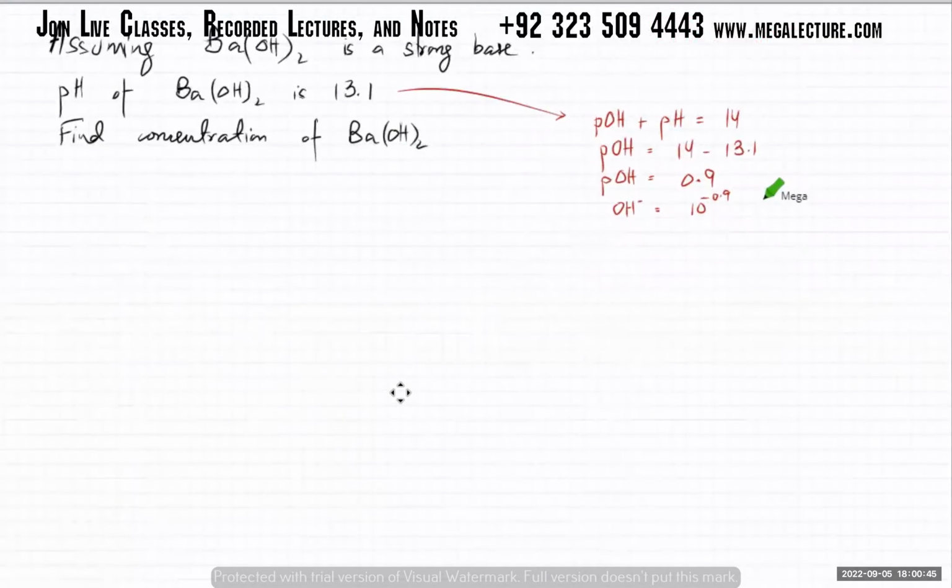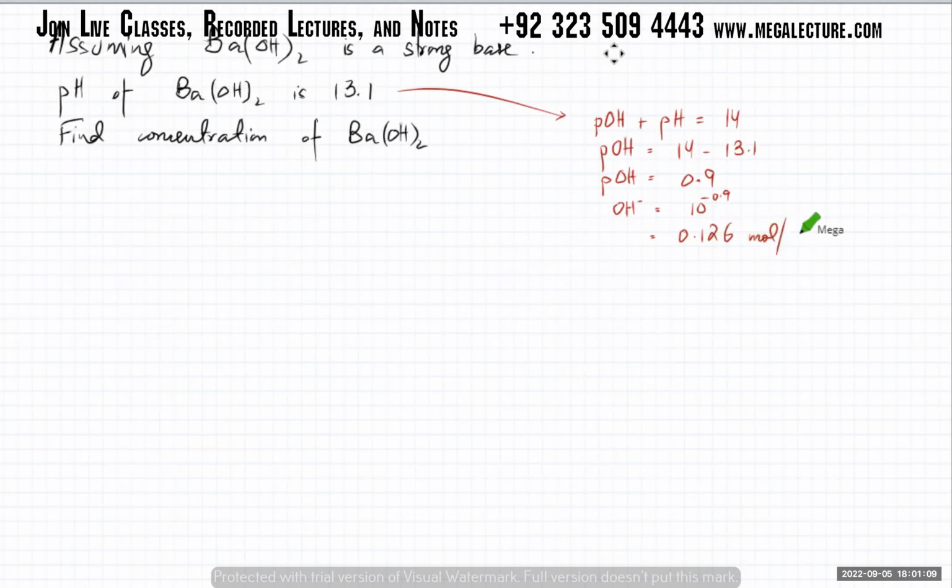Does anyone have a calculator? Okay, 0.126 mole per dm cube.